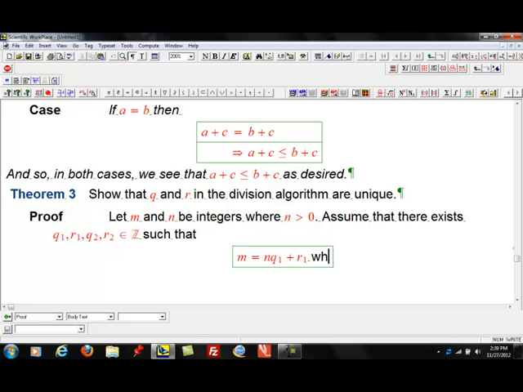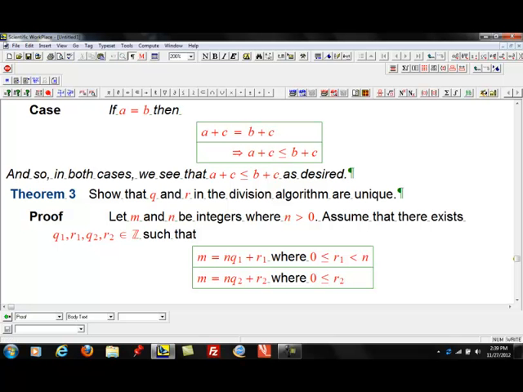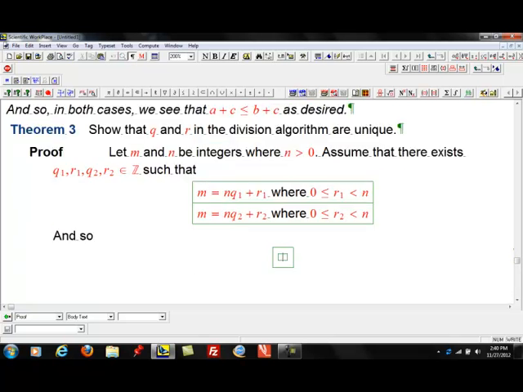Yeah, 0 is less than or equal to r1 is less than n. And m is equal to nq2 plus r2, again, where 0 is less than or equal to r2 is less than n. Now they're both equal to m, so what do you think we should do? Set them equal to each other. So we're going to have the first one equals the second one.